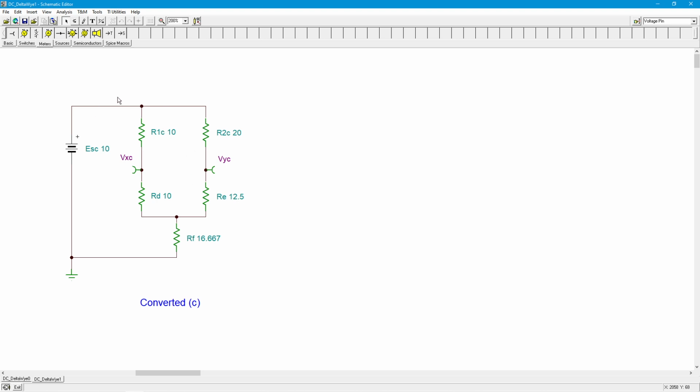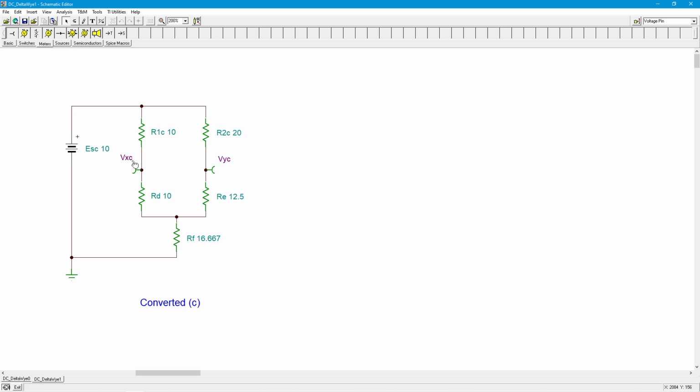I could, for example, find the exiting current over here. Doing that, I could do a current divider, find this current, and then I could find, using Ohm's law, the drop across R1 and R2, subtract that from the 10-volt power supply, and I would have my two nodes of interest, Vx and Vy.